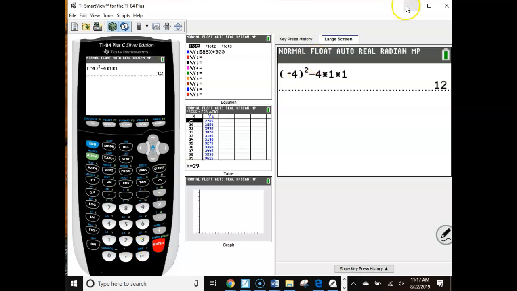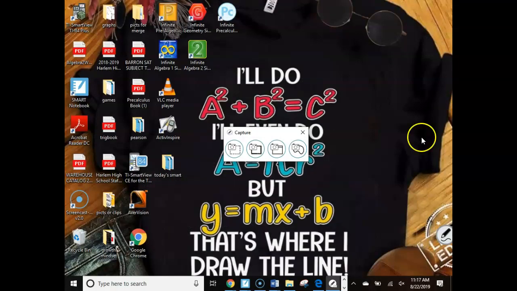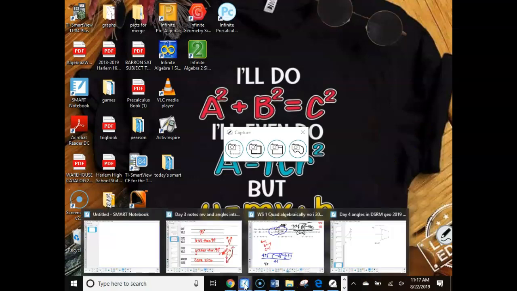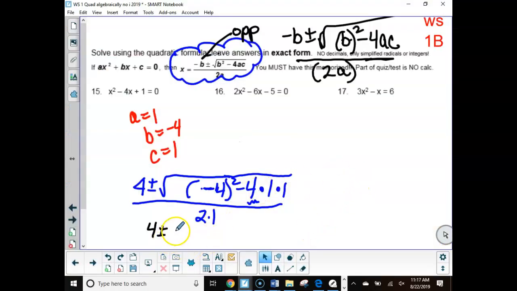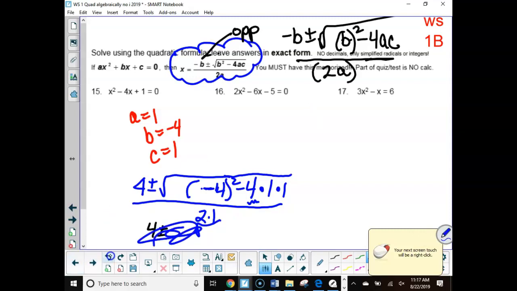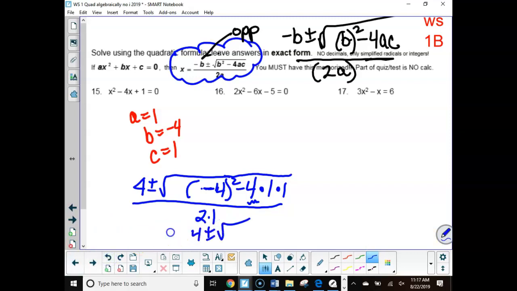Everybody getting 12? Whether you did it in your head or on your paper? Okay, so it's plus or minus the square root of 12 all over 2.